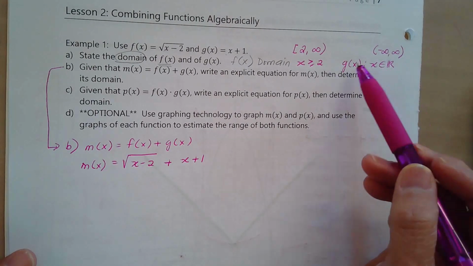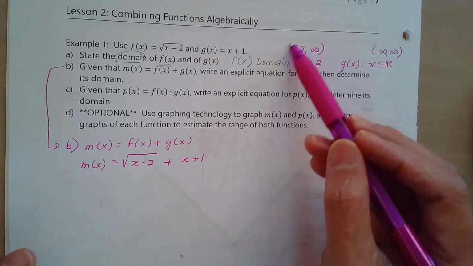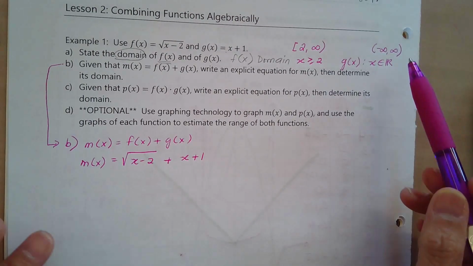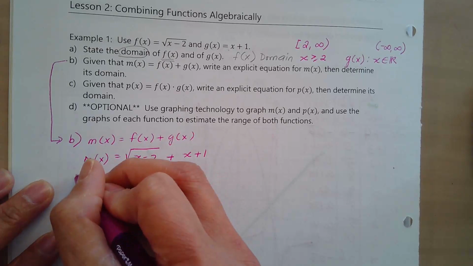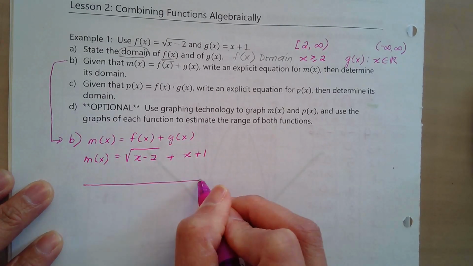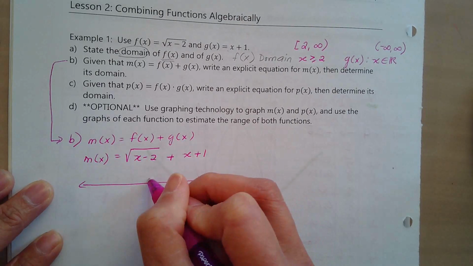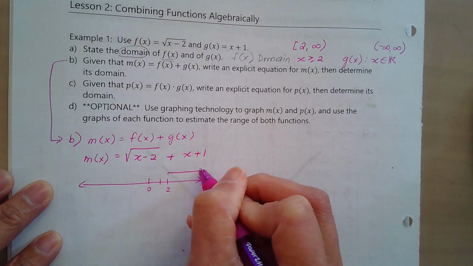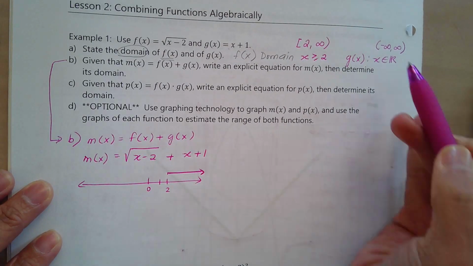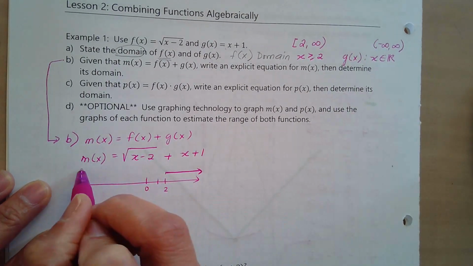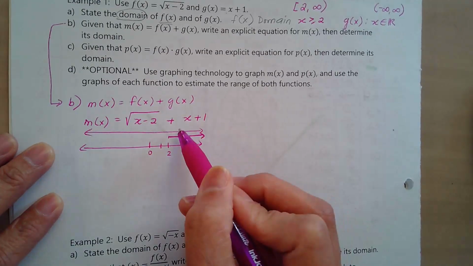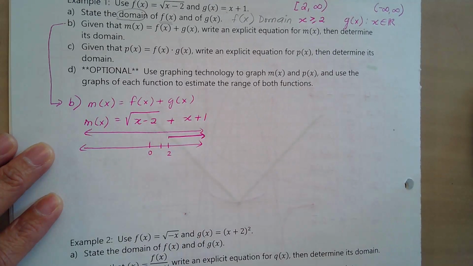Because when we look at this one over here, we'll do the sketching later in a second. So the domain of f of x is from 2 to infinity, and then the other one is from negative infinity to positive infinity. They only overlap from 2 to infinity.